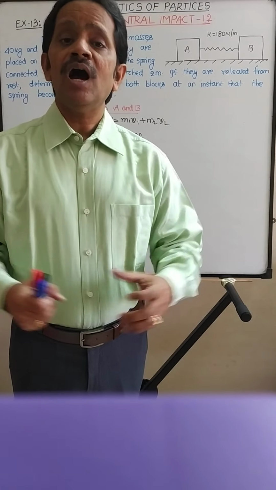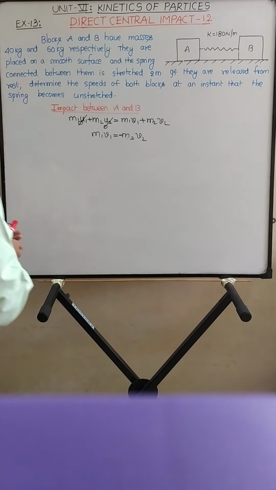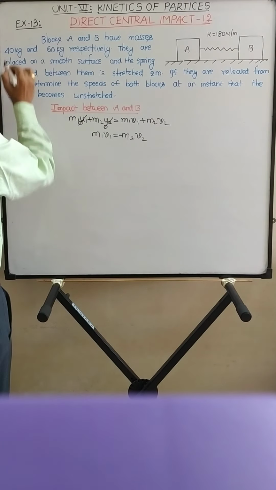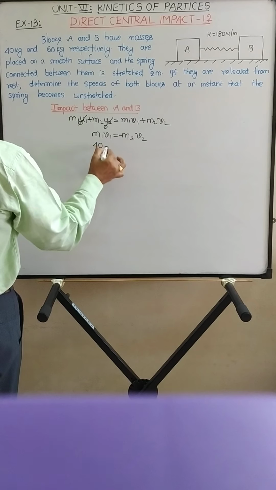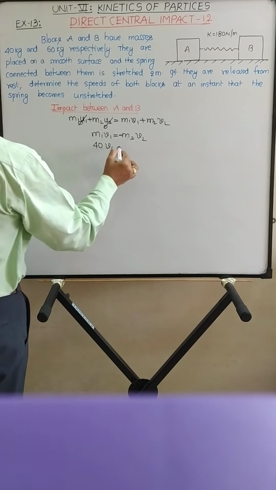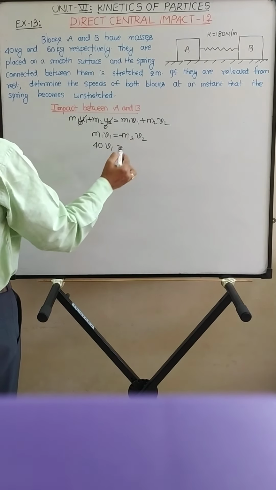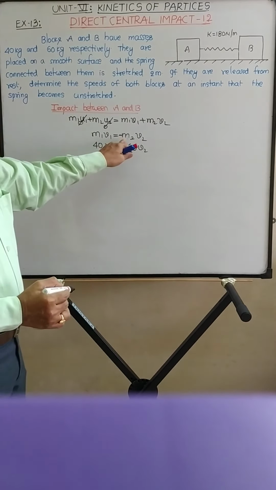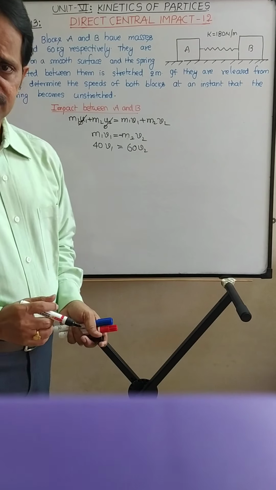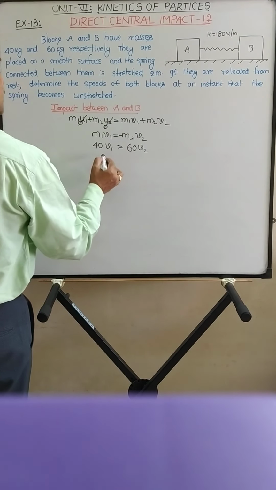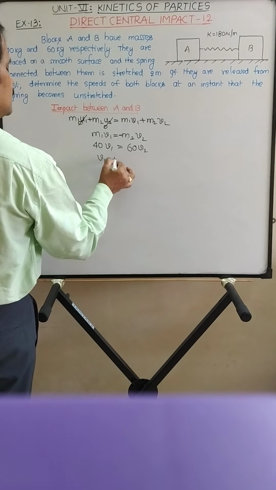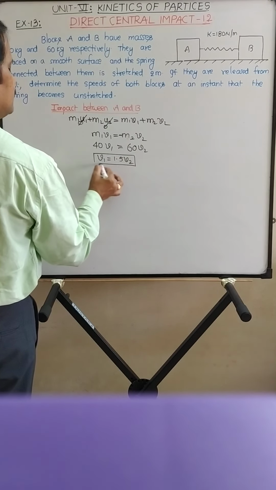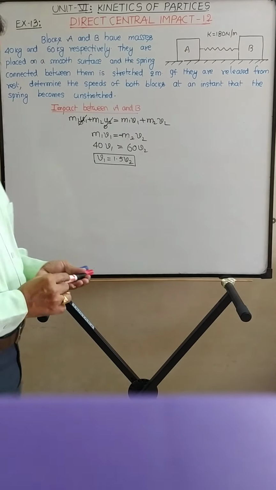The velocities are opposite. So here m1, that is mass of block A, is 40 kg into V1 is equal to m2, 60, into V2. So this minus indicates the velocities are opposite. Okay. So this gives you V1 is equal to 1.5 V2. Relation between the two velocities.